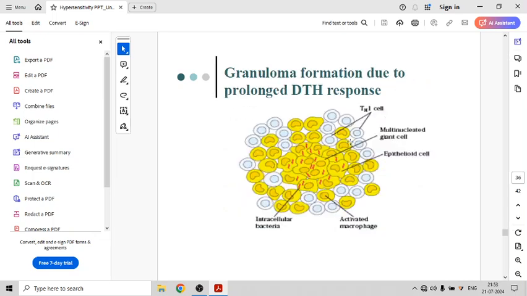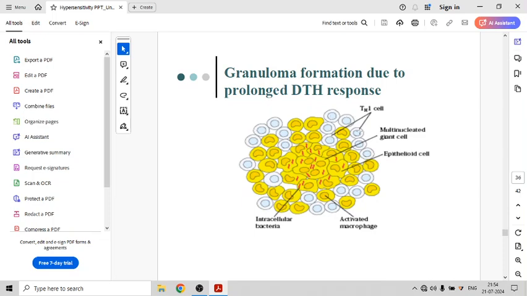The aggregation of macrophages as well as Th cells in that area results in the formation of granuloma, or granulomata. The granuloma is the characteristic of DTH response where the intracellular pathogens which are in large numbers in a particular area have now been surrounded by the antigen presenting cells, that is macrophages here, which are shown in yellow, and Th cells which are shown in almost colorless.